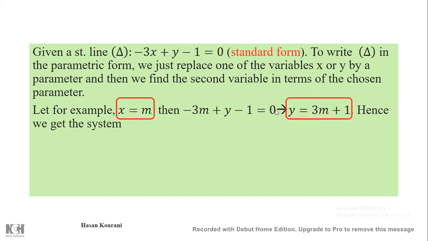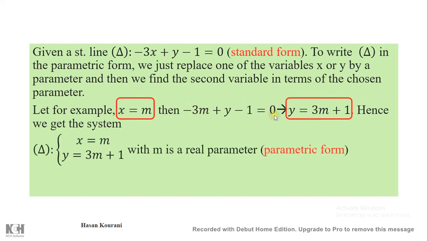If we put these two equations in a system, we get the system of parametric equations of the straight line delta. It was in standard form, and this way we wrote it in parametric form.